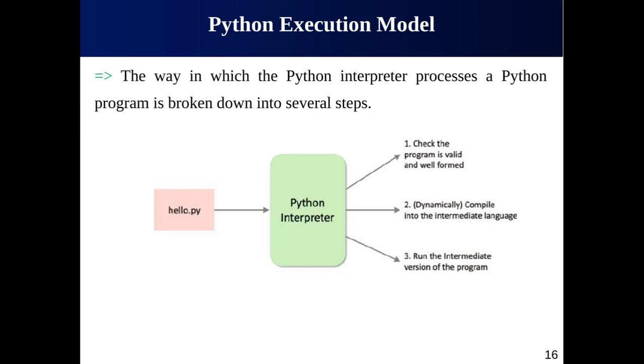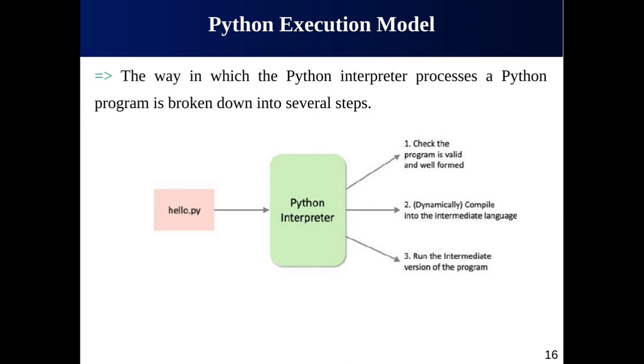Python can store this intermediate version in a file which is named after the original file but with a different extension. Normally when you create a file you give it the extension .py, but this time it will give another extension, and that is .pyc instead of .py. The C means that it contains the compiled version of the code.